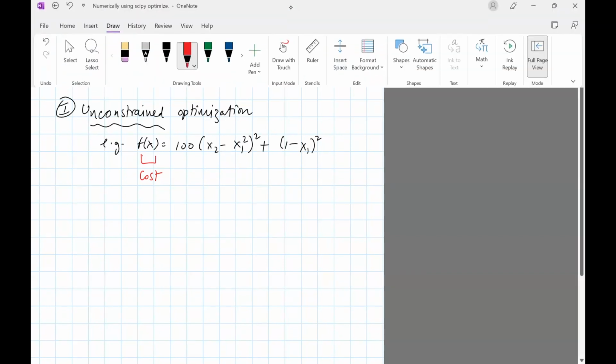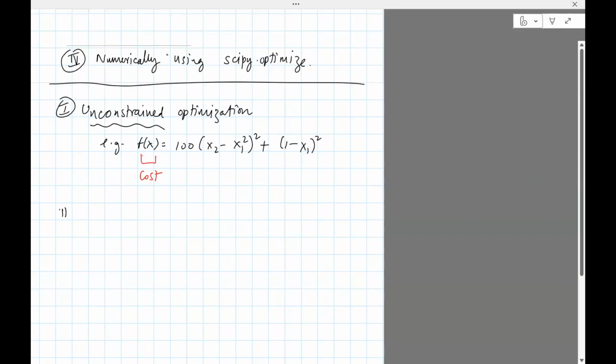That's unconstrained optimization. The second class is constrained optimization, in which you will have a cost and you'll have constraints.